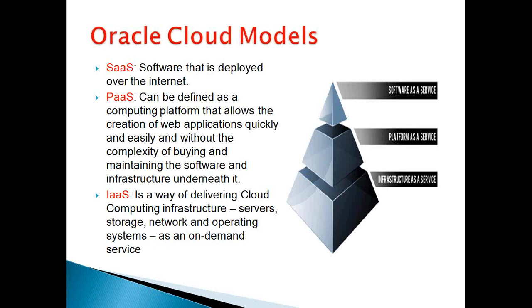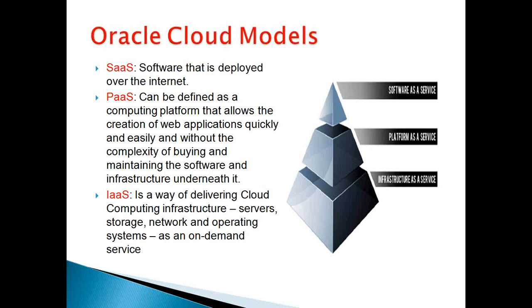Whereas infrastructure as a service is a way of delivering cloud computing related infrastructure. When we say infrastructure, the servers, storage, the network, operating systems, these are all given as on-demand service. So these are the three categories generally which we come across when we talk about cloud computing.